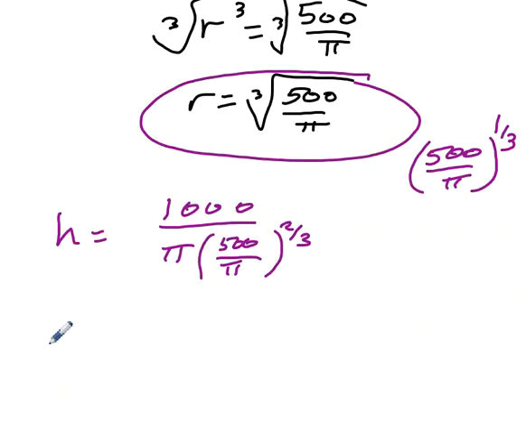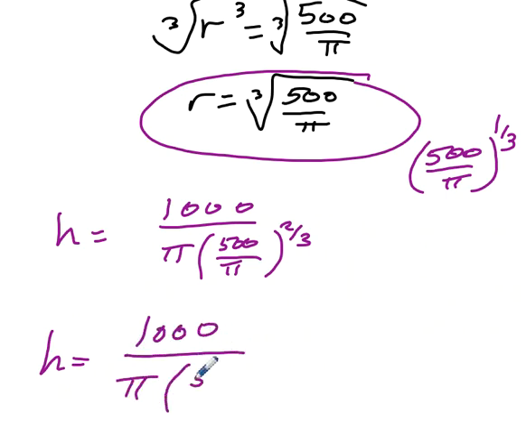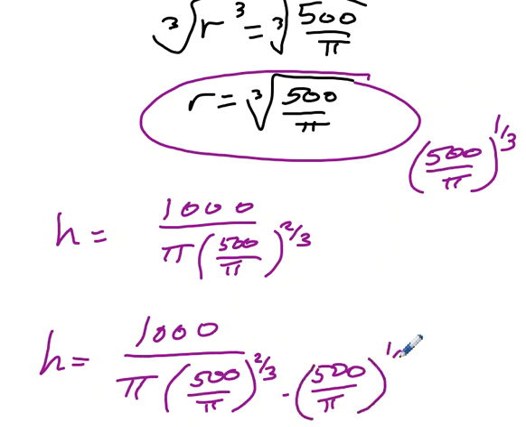We don't like to have fractions in our fractions, and while we don't have to simplify a lot on the AP exam, that's kind of just a big no-no. So I'm going to multiply by 500 over pi to the 1/3. I know, it looks like I'm making it worse, not better. Just wait. It's going to be awesome in a moment.